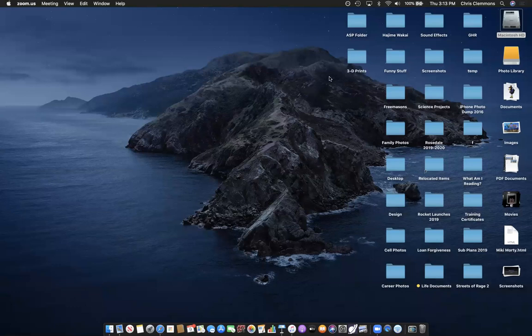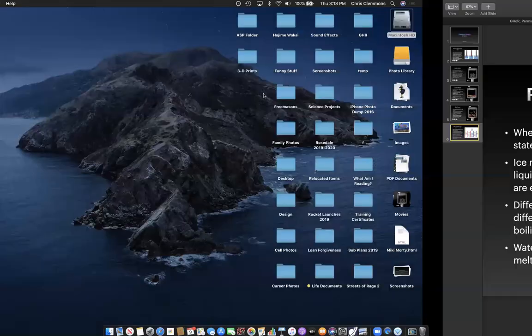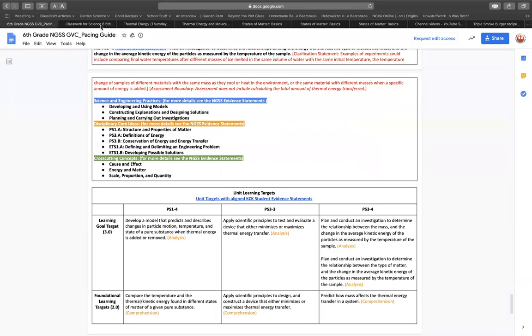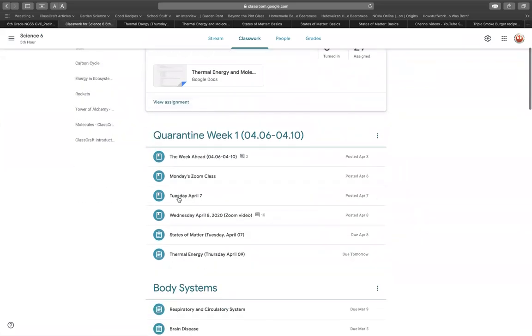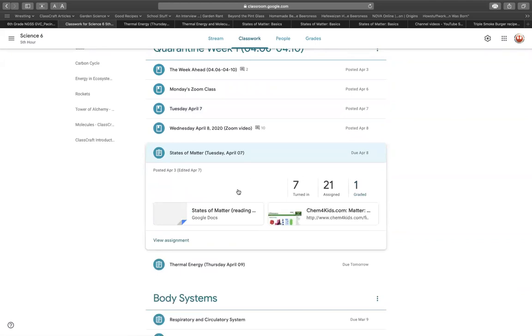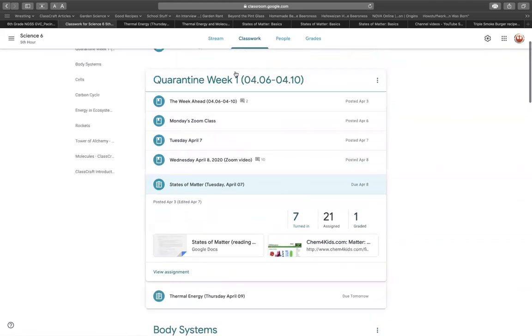This isn't a question about this lesson, but it's a question about the April 7th assignment. Where do we turn that one in at? Okay, so April 7th, this one right here is the thing. You just turn it in right here. So quarantine week 1, states of matter, you just turn it in here.